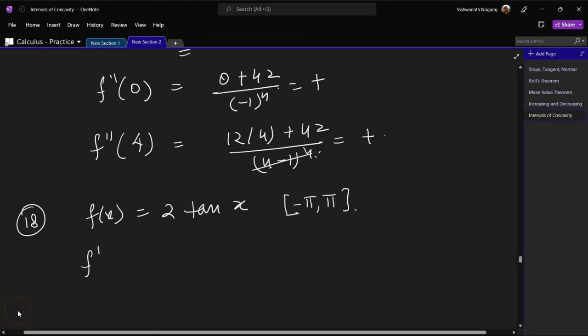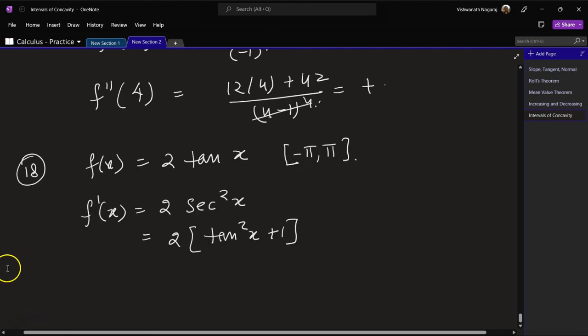So let's differentiate. f prime of x is equal to 2 times sec square x, which can be written as 2 times (tan square x + 1). Okay, so let's differentiate it once more. f double prime of x gives us 2 tan x times the derivative of tan x, which is sec square x, plus 0.